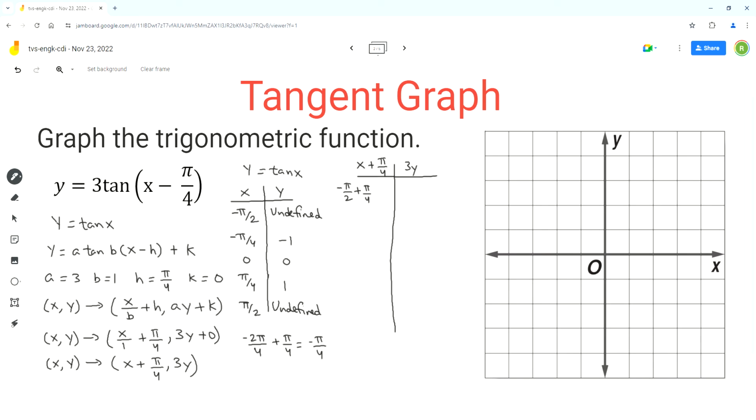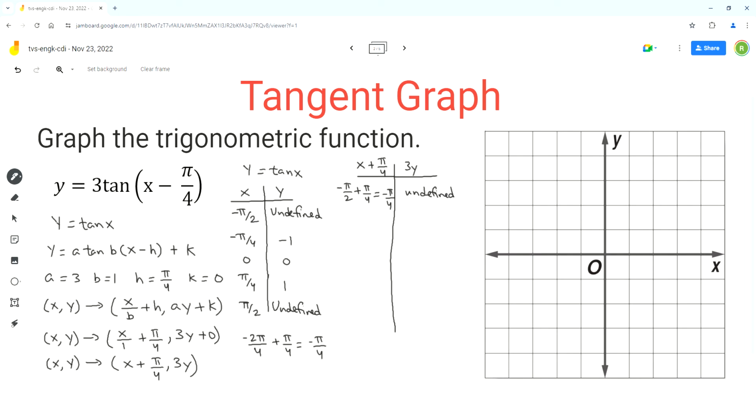So negative 2 pi plus pi is equal to negative pi. For the y value, since the y value in the parent function is undefined, 3 times undefined will be undefined. That means there is a vertical asymptote at x equals negative pi over 4.